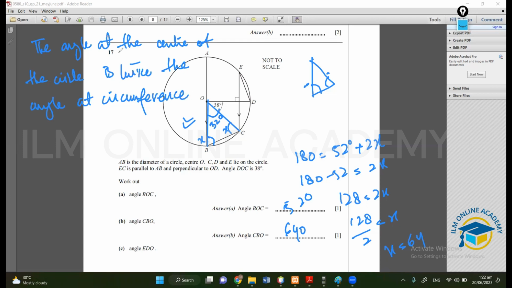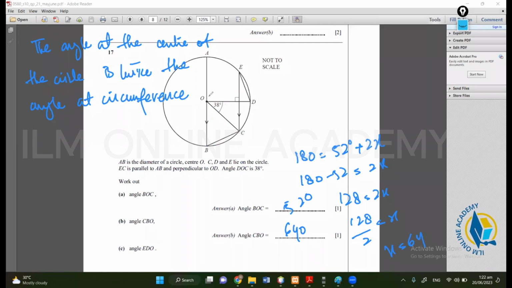This is the property of a circle: the angle at the center is twice the angle at the circumference. Vice versa, the angle at the circumference is half the angle at the center. Okay, so just keep this in your mind and hold on to this concept.